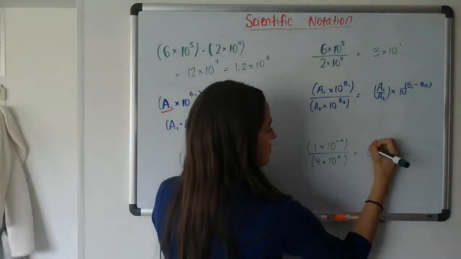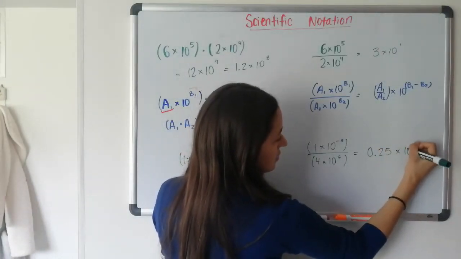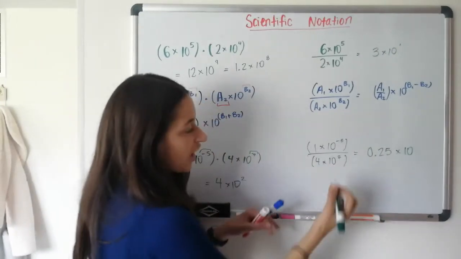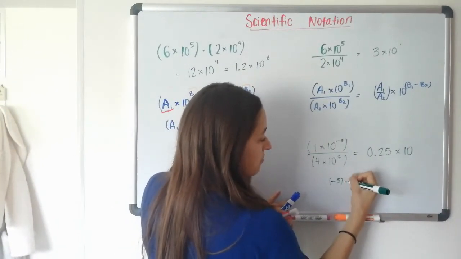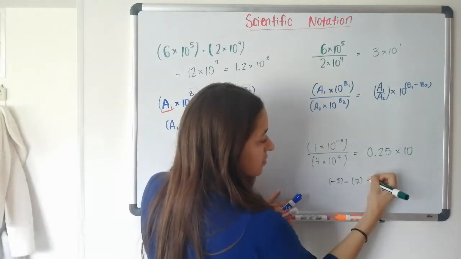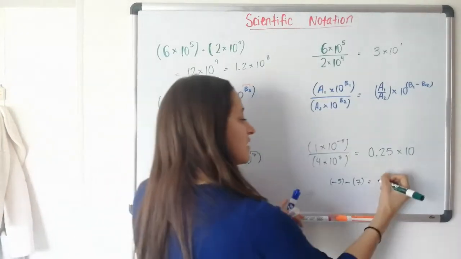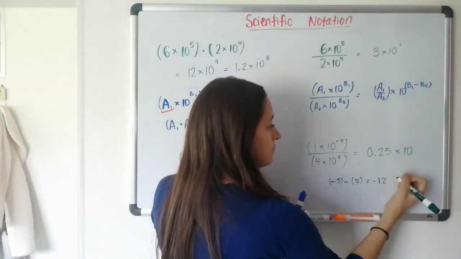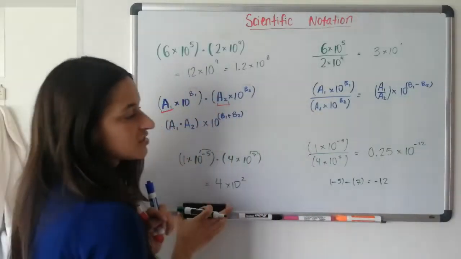So we're going to get 0.25 times 10 to the, and now we subtract. So don't get confused with the signs. It's just the first number minus the second number. So we're going to do negative 5 minus 7, which will give us negative 12. So the answer is 0.25 times 10 to the negative 12.